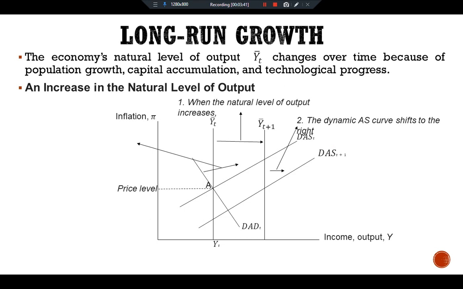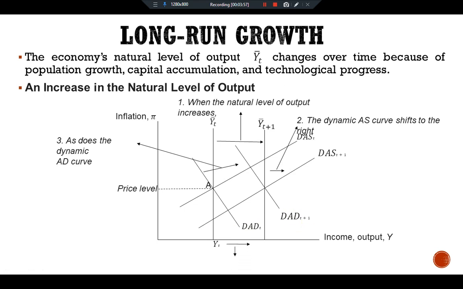This also causes a new rightward shift in the dynamic aggregate demand curve, DAD t+1.